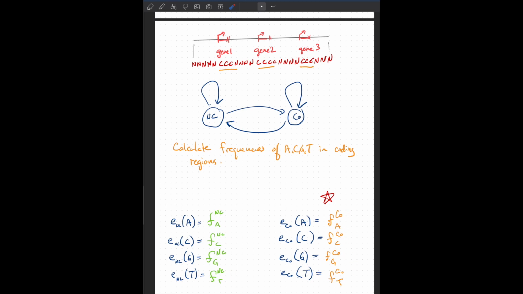Again, this whole hidden Markov model approach is predicated on the belief that these two frequency vectors will be sufficiently different that we can predict when we're in coding and non-coding. So let's just stop there for a second and go back to our coin toss problem.